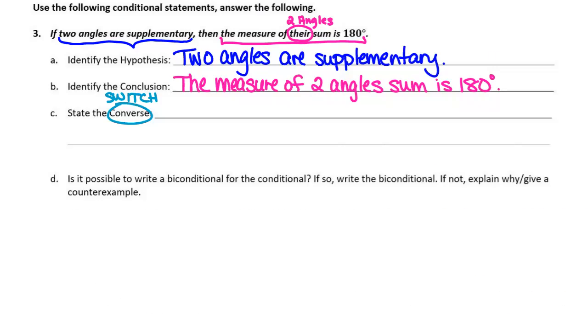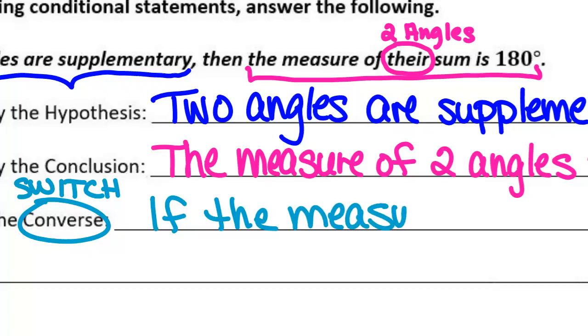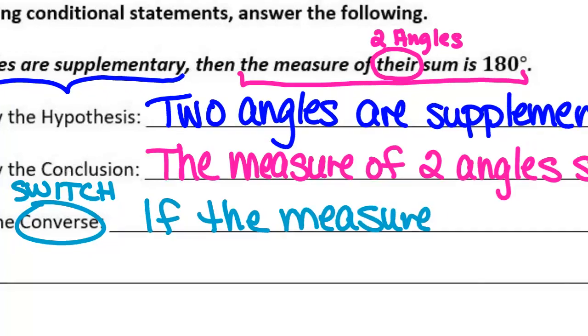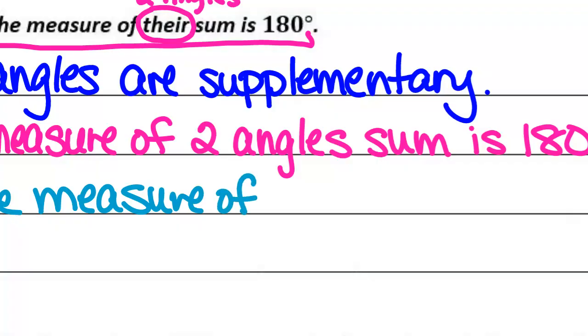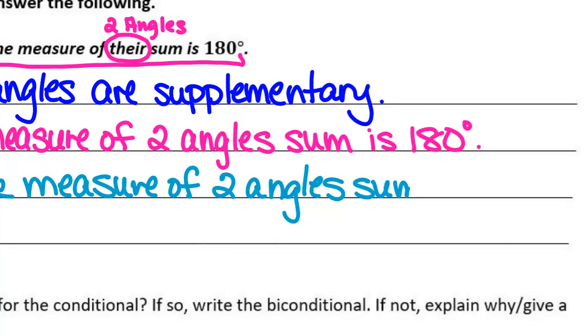So instead of saying if 2 angles are supplementary, what are we going to say at the beginning? If the measure of 2 angles sum is 180.